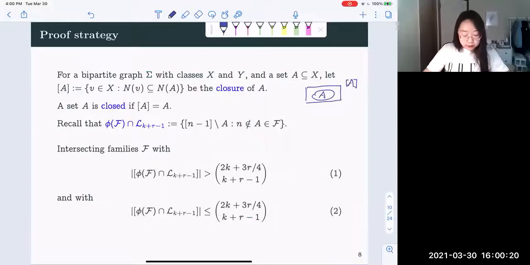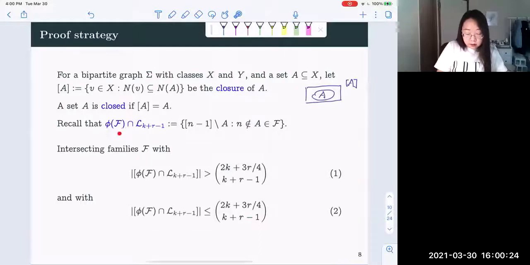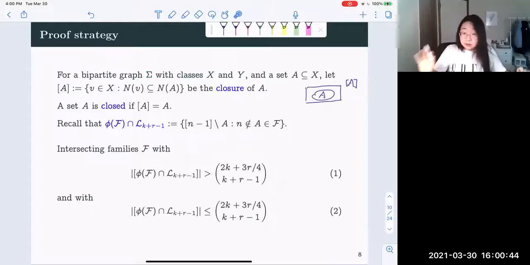Okay, and just recall from the previous page, we talked about this map. So phi of F intersected with the top layer is exactly those sets which do not contain n, and also we take the complement. We're going to split the proof into two cases.